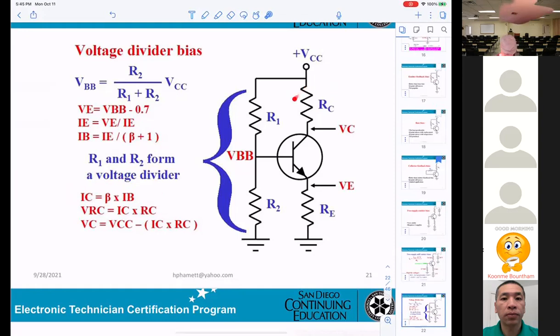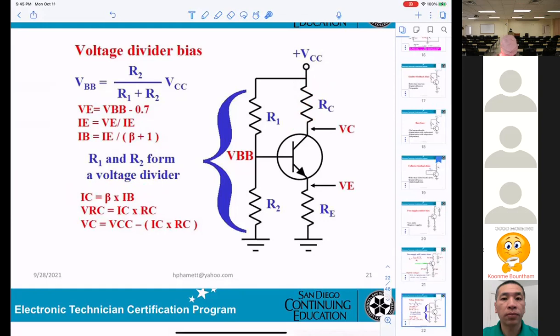VRC, the voltage drop across RC, is IC times RC.